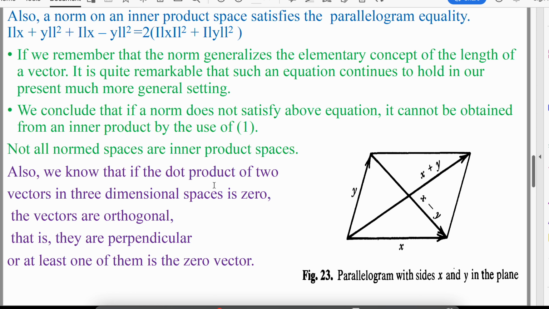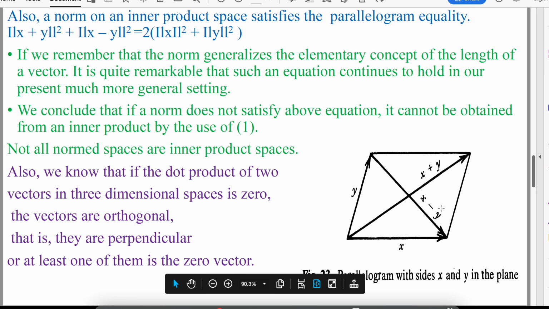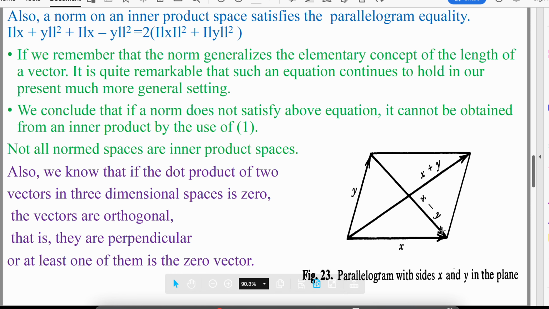Also, the norm on an inner product space satisfies the parallelogram equality: norm of x plus y whole square plus norm of x minus y whole square is equal to twice norm x whole square plus norm y whole square. This is a diagram which represents the parallelogram equality. This is vector x, this is vector y, this is vector x plus y, and this represents x minus y.